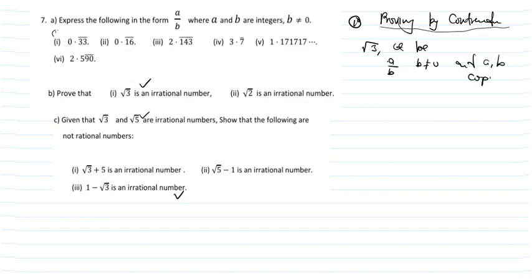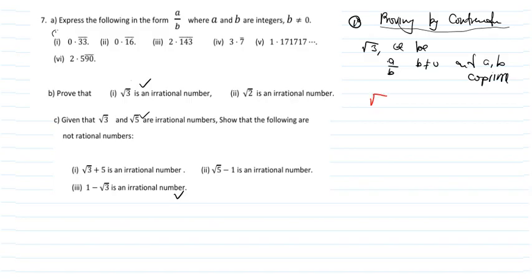Or they are in their lowest terms, meaning the only common factor between them is 1. Okay, so this is what will be contradicted. Co-prime simply means the only common factor they have is 1.